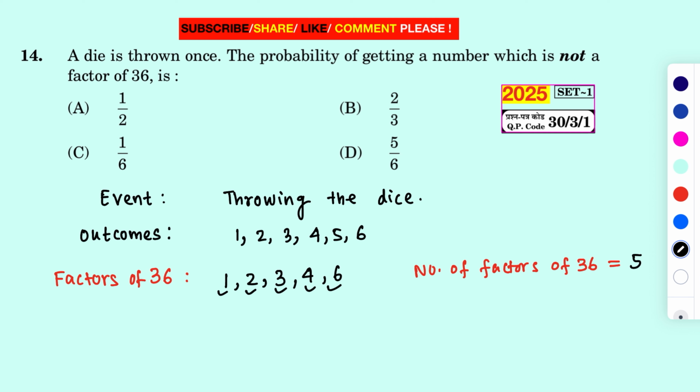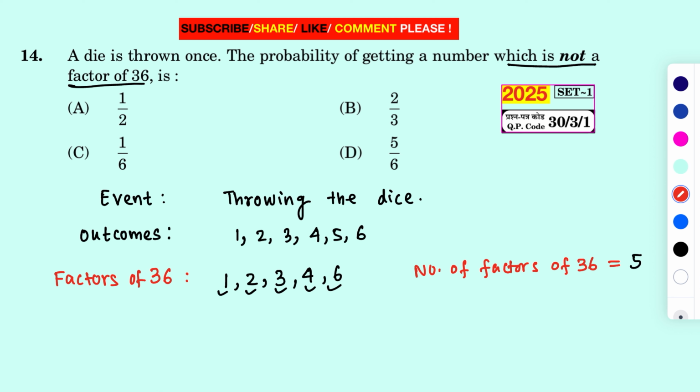But the favorable event is the one which is not a factor of 36, that we have to find out. In this case, the favorable event which we need for the question is not a factor of 36.